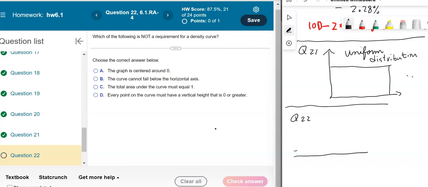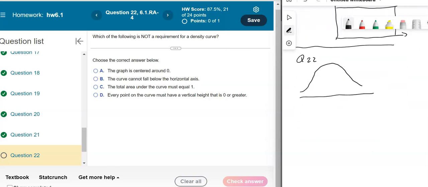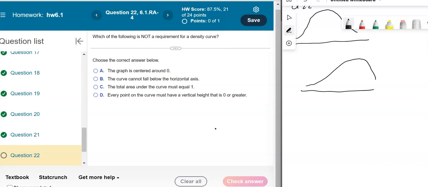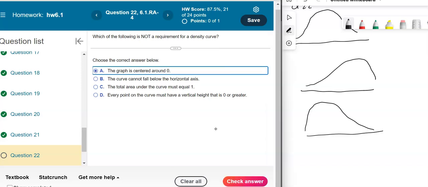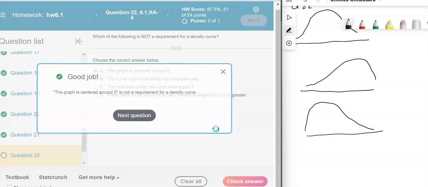We usually deal with this density curve, normal, but sometimes a density curve looks like this. Sometimes it looks like this. So it doesn't have to be centered around 0, but the other requirements have to be met.